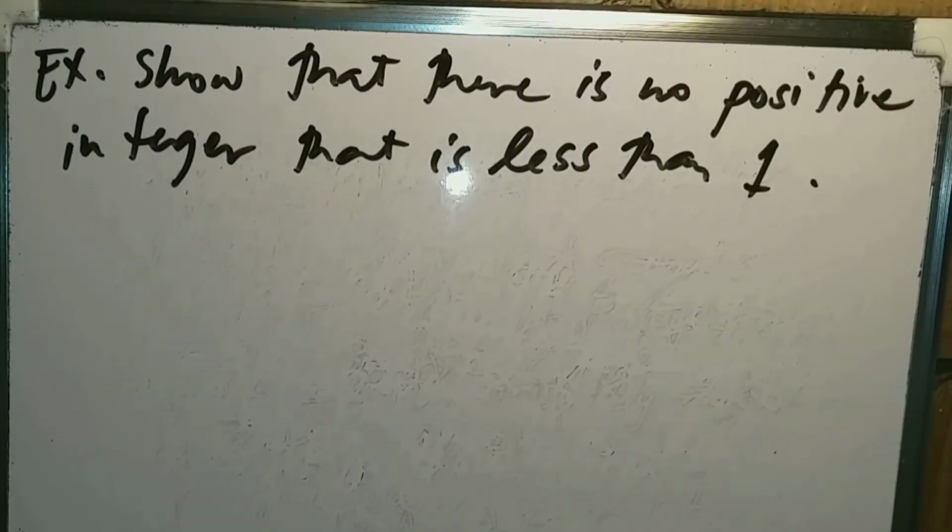Okay, so for the next example, we will prove this by contradiction. So show that there is no positive integer that is less than 1. So let us do the proof.